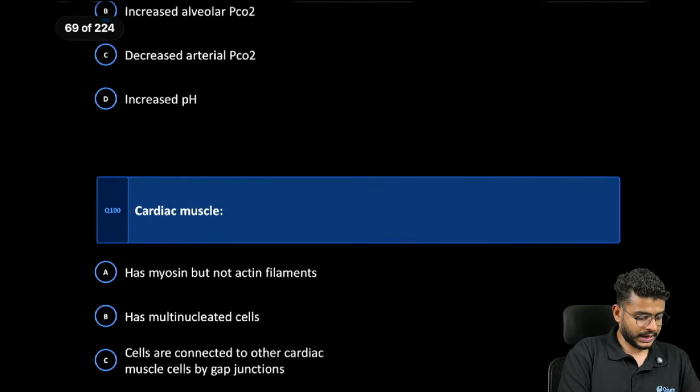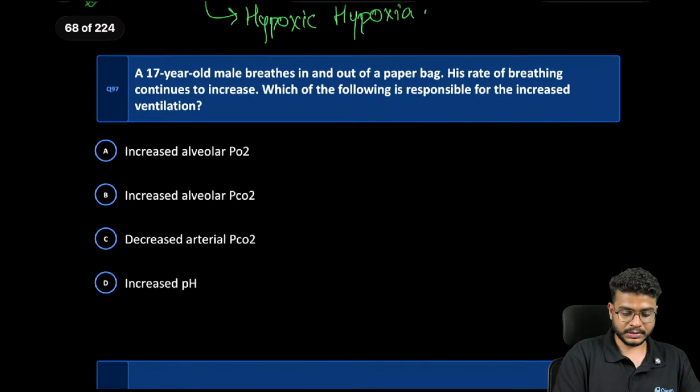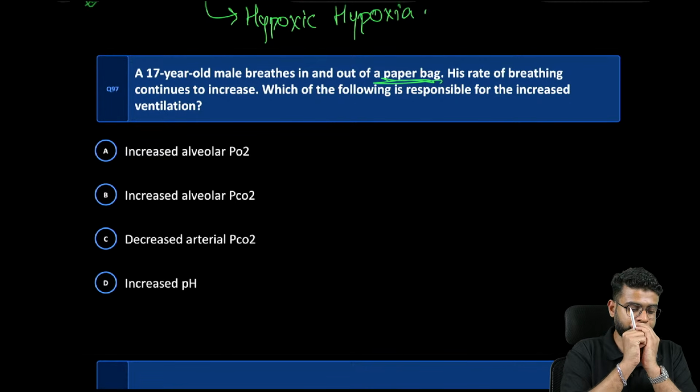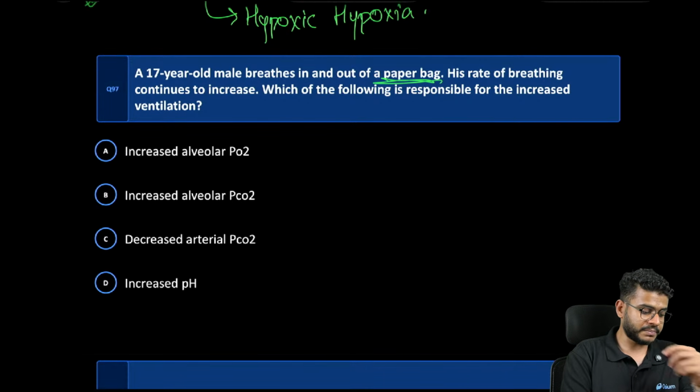Okay, we have one more question, the last question. A 17-year-old male breathes in and out of a paper bag. So he is continuously breathing in and out of a closed paper bag. His rate of breathing continues to increase.